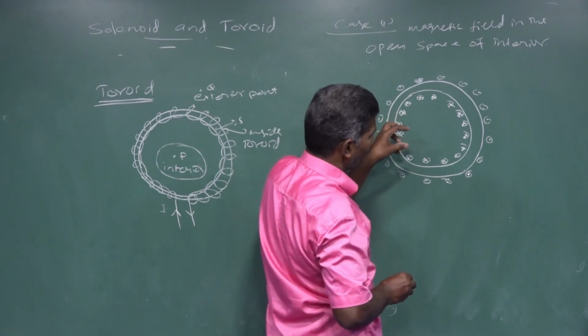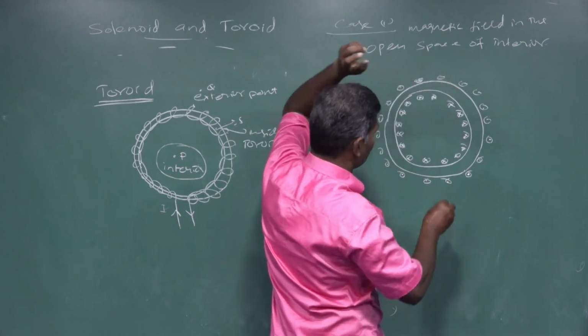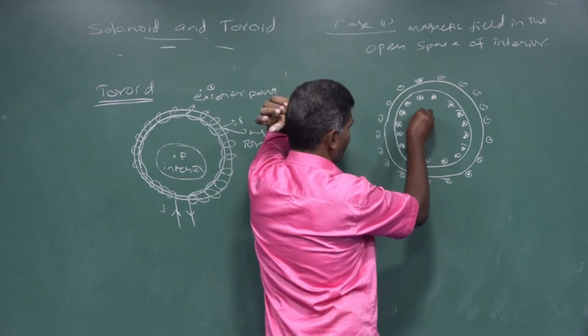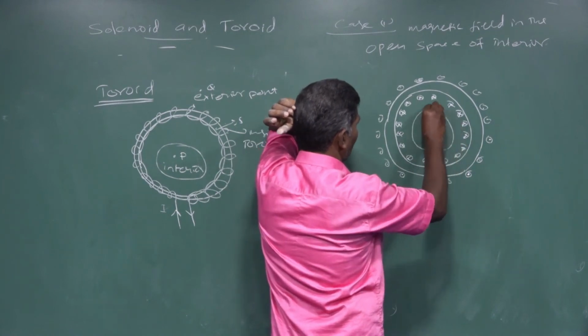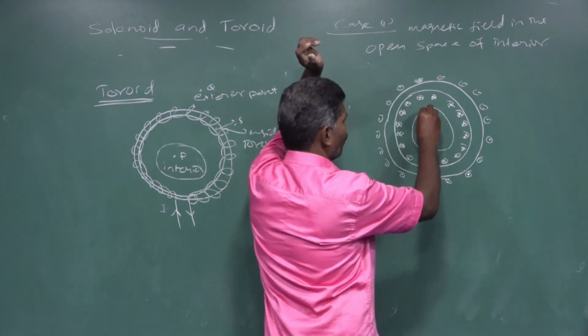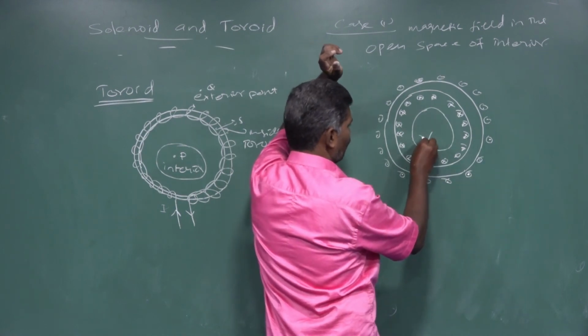We want to find the magnetic induction in the open space of the interior. For that we imagine a circular Amperian loop, and that loop has a radius R1.